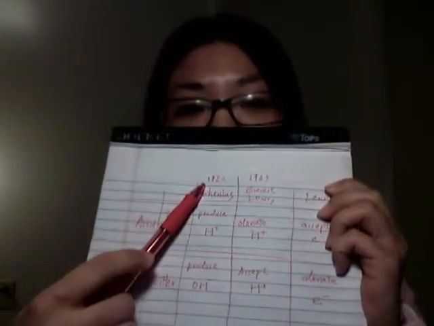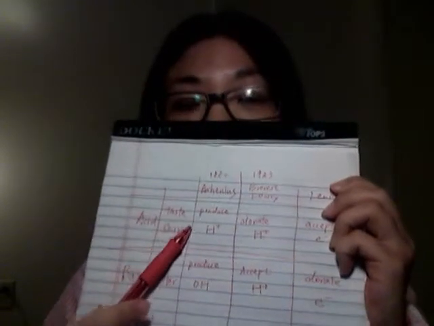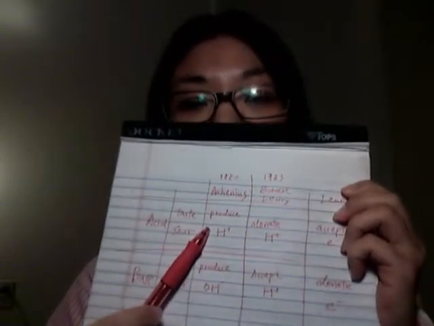And in 1880, Sir Arrhenius, a scientist, developed a more scientific and more specific definition for acids and bases. Acids are substances that can produce protons. However, bases are substances that can produce hydroxide.